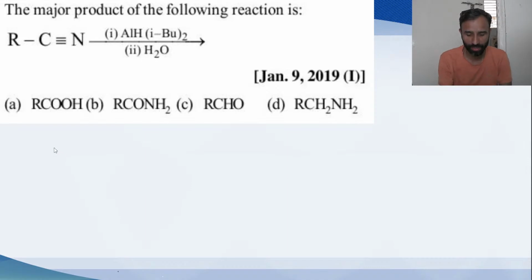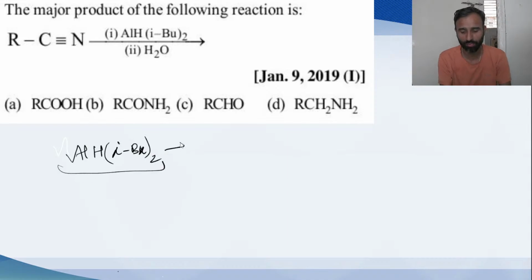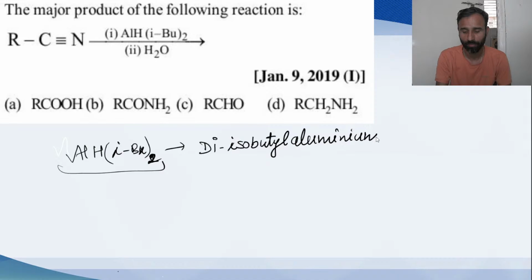What is DIBAL-H? DIBAL-H, the full name of this compound, is diisobutyl aluminium hydride.